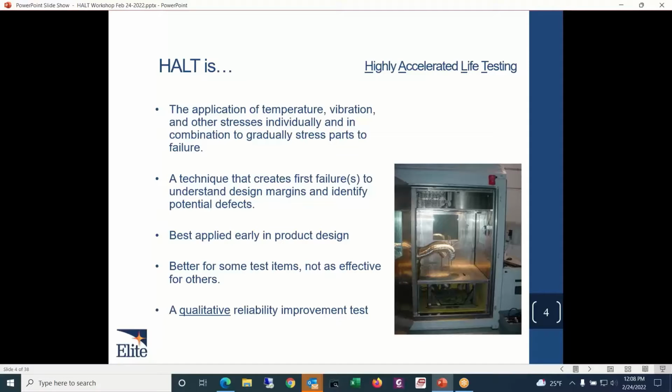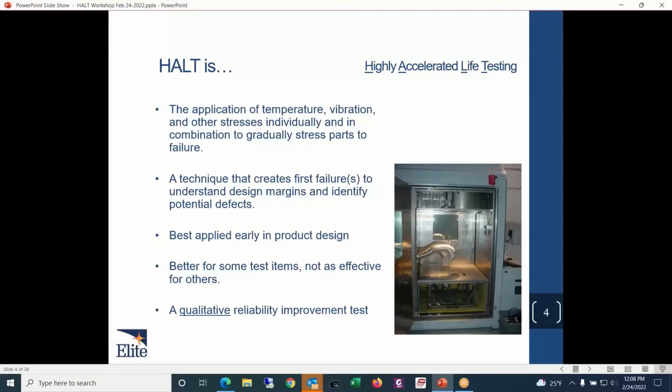We know that that's not always practical, and it's not always done that way, and that's fine, because we do find faults with products that are a little bit later on in design. But in terms of what a manufacturer can do to react to those findings, it's best if it's done early in the development cycle. HALT, what we find, is better for some items, not as much for others.